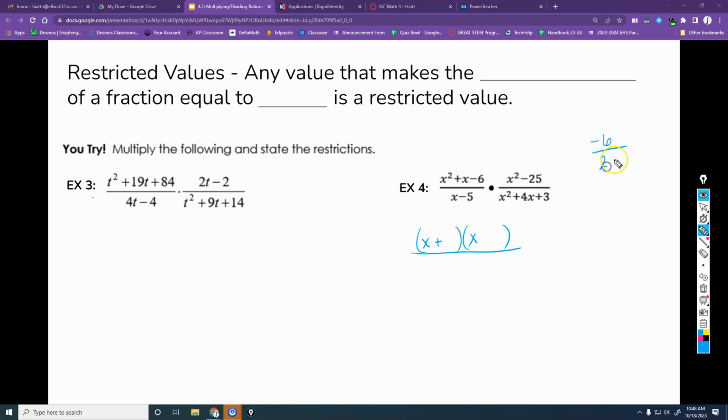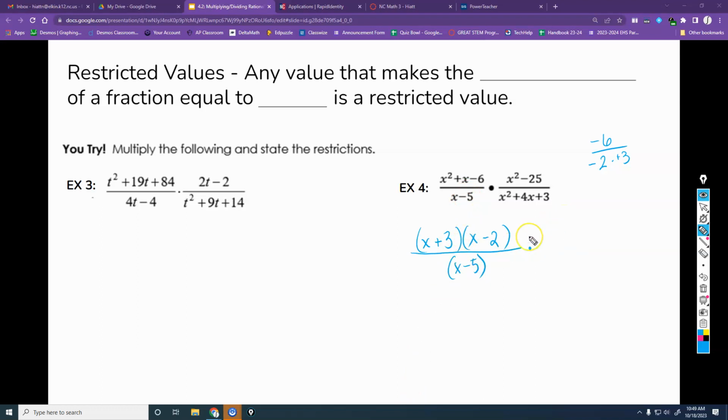So, 2 and negative 3? No, -3 and 2. Sorry. -2 and 3. Negative 2, positive 3. All right. So, I'll put positive 3 here, negative 2 here, or the other way around. Okay. Will x minus 5 factor? No. Let's put it in some parentheses, though.